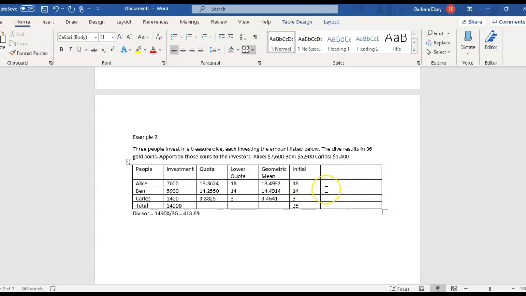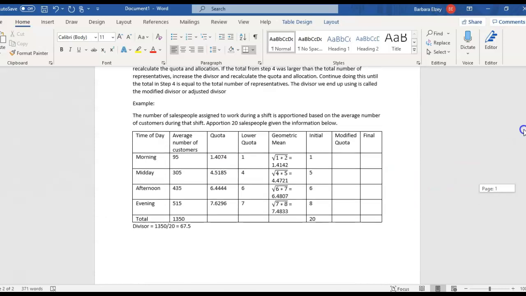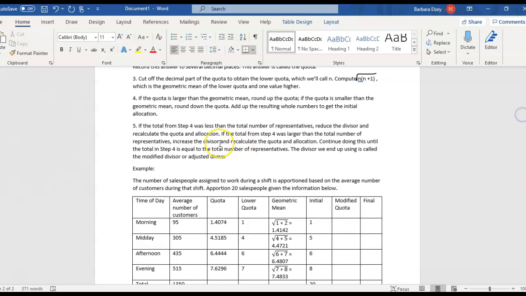All right, so let's go to our next step, because we are going to have to do the next step here because we don't have the proper amount allocated. We need to allocate 36. We've allocated 35. So just like we've done before, notice it says if the total from up here was less than the total number of representatives, reduce the divisor and recalculate the quota and allocation.